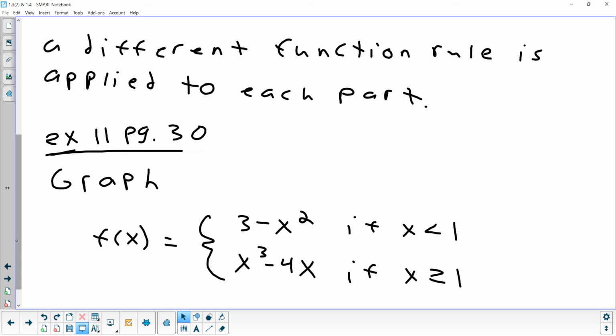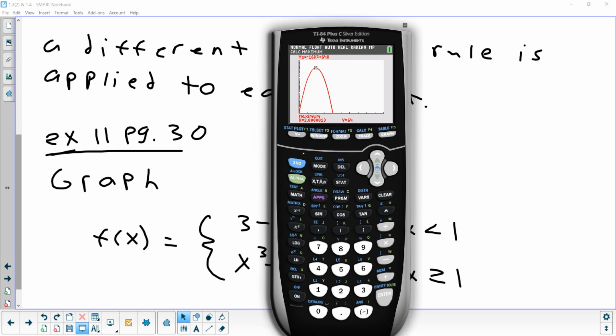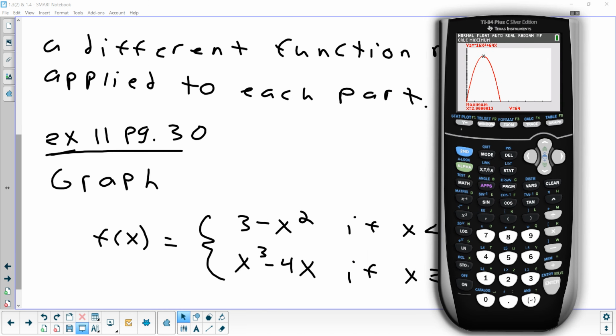So let me show you how you type this in. The first thing we have to do is put this in parentheses: 3 minus x squared. Don't just type it like you normally would, but put it in parentheses. 3 minus x squared. That's step 1.